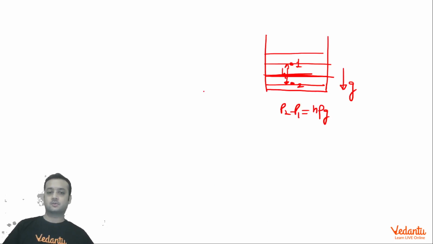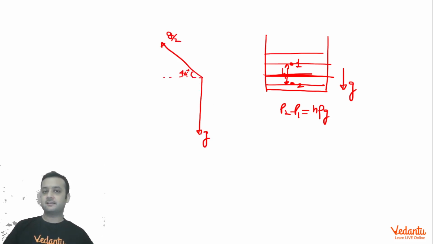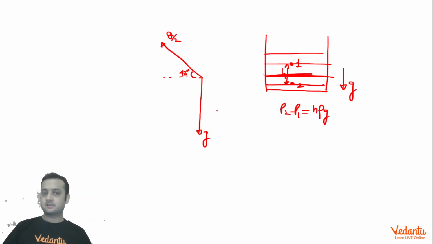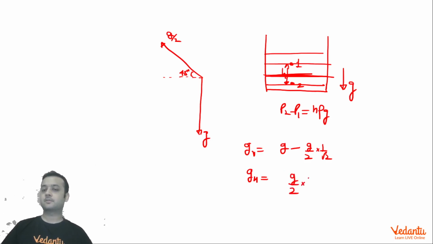Okay, so one is this actual gravity, and the pseudo gravity is g/2 at an angle of 45 degrees. If we resolve this, we can say that gravity in the vertical direction will be g minus g/2 sin 45, correct, this is the effective gravity in the vertical direction, and gravity in the horizontal direction will be g/2 cos 45, that means g/2 into 1/√2.